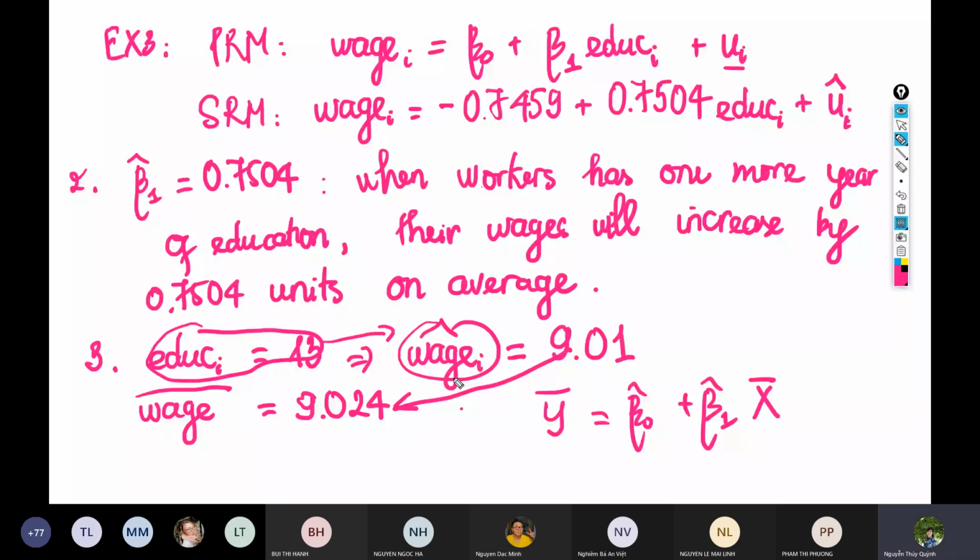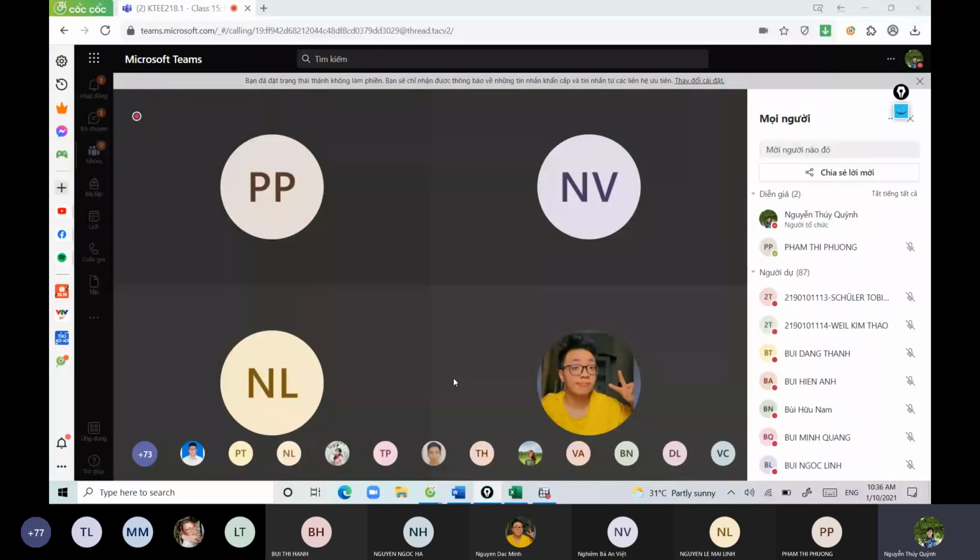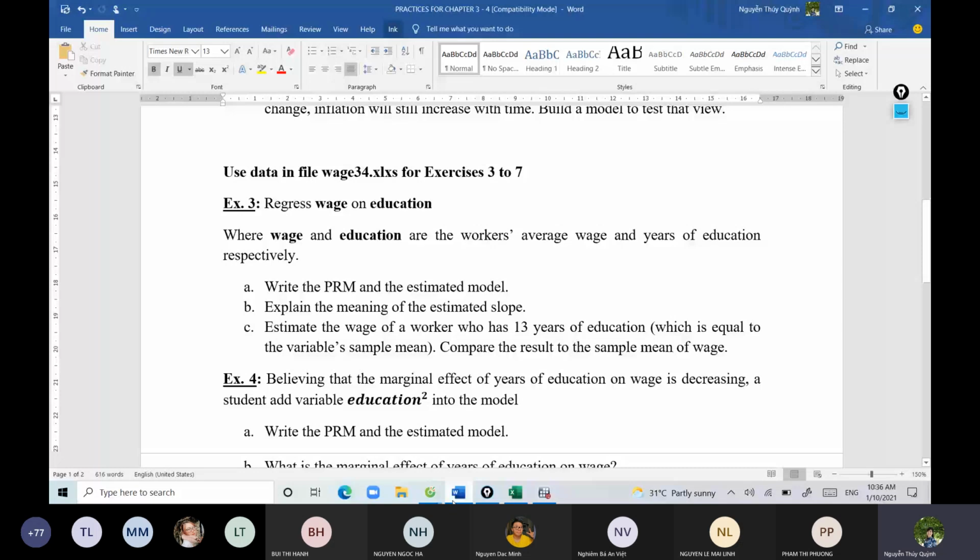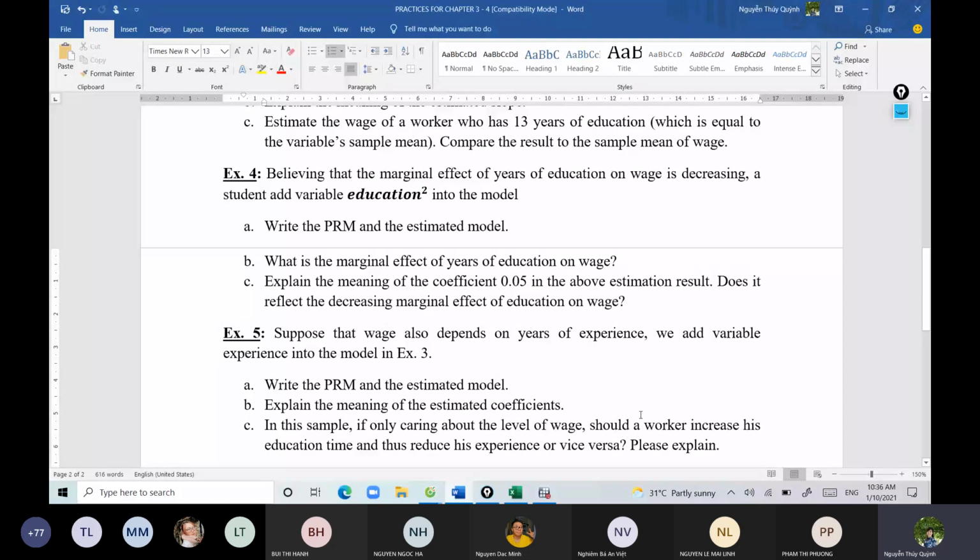All right. Now, any other questions here? Okay, so that is for exercise 3. Now, what about exercise 4? Believing that the marginal effect of years of education on wage is decreasing, a student adds variable education square into the model.